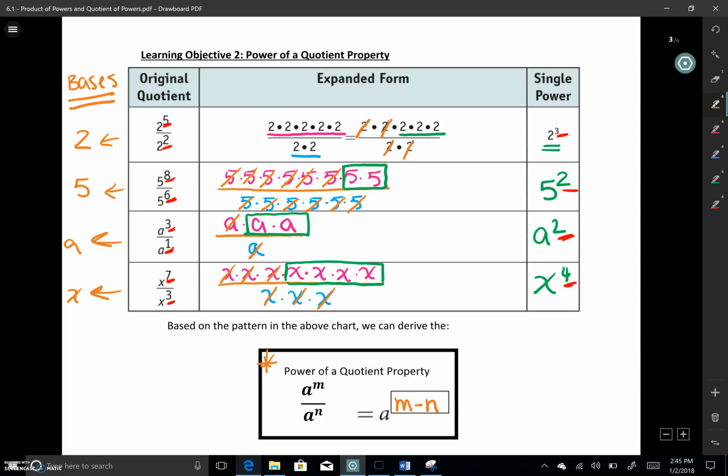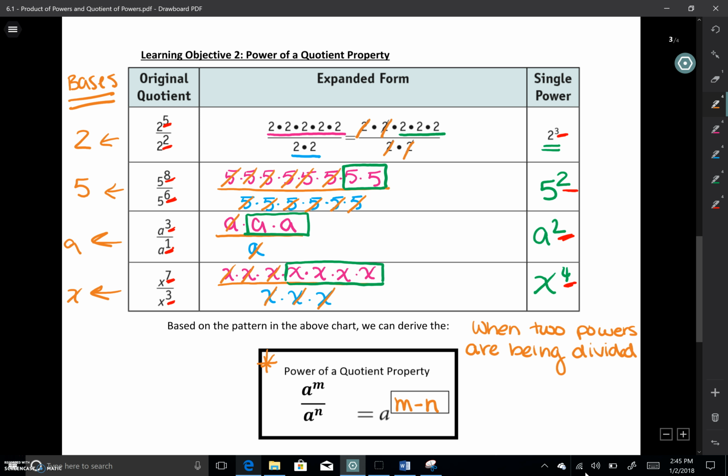And so in words, the way that I can write this is that when two powers are being divided, but with the same base, again, very important that the bases are the same, we can subtract the exponents.